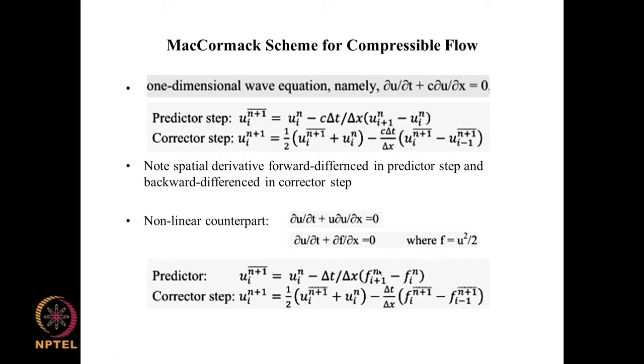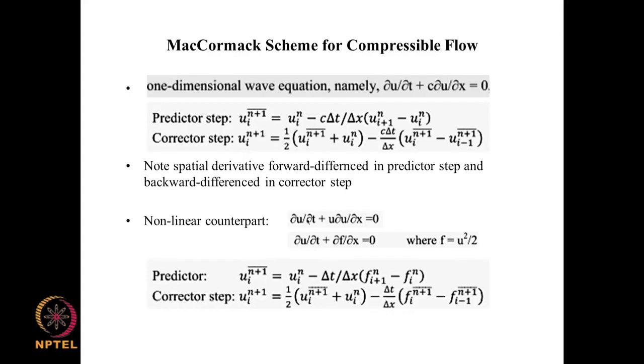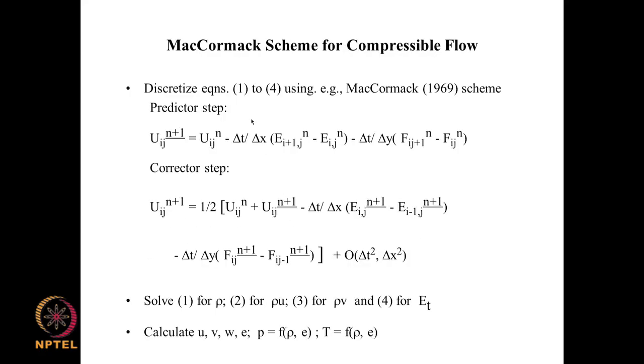Now, this is all one dimensional form. How do we do the multi-dimensional form and how do we do the coupled equations? We extend this to the vector equation, this equation involving u, E, F as vectors, in the straightforward way.